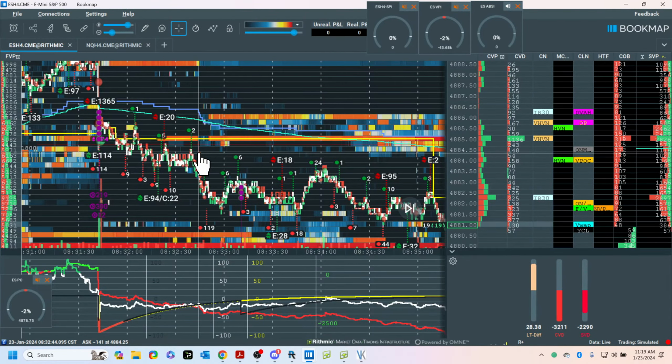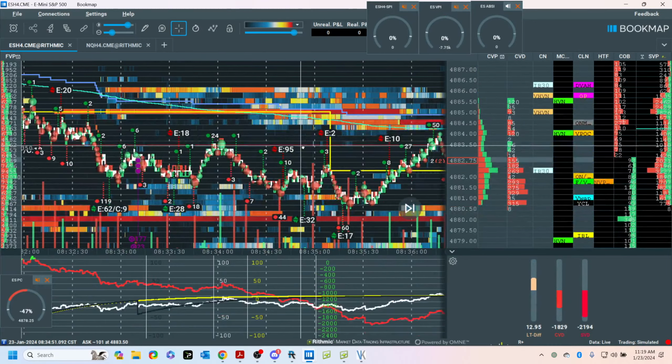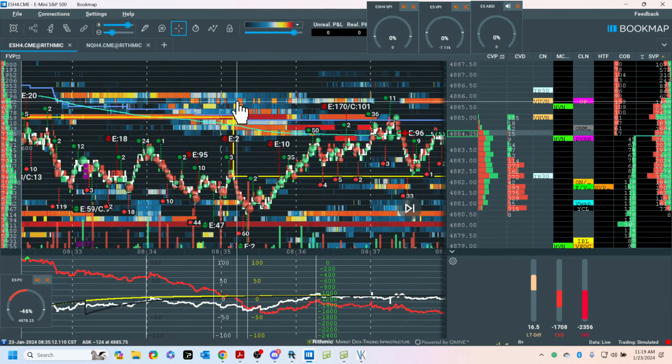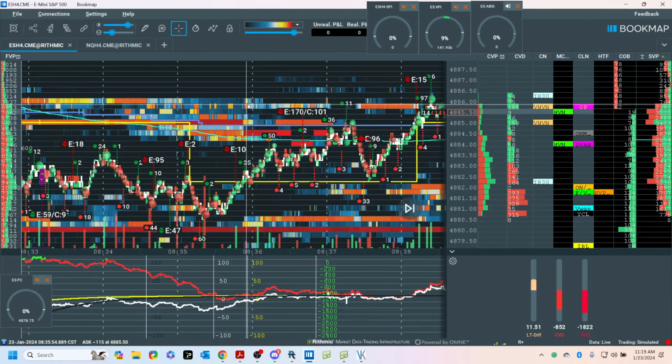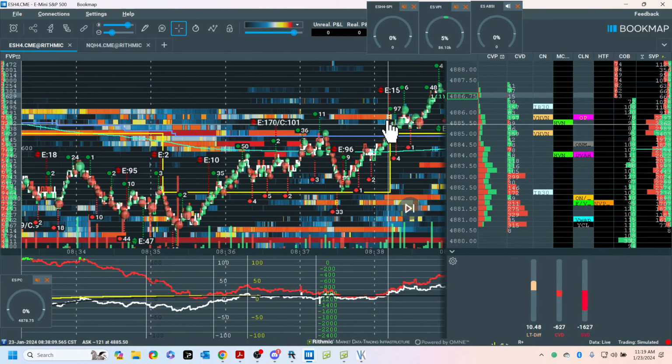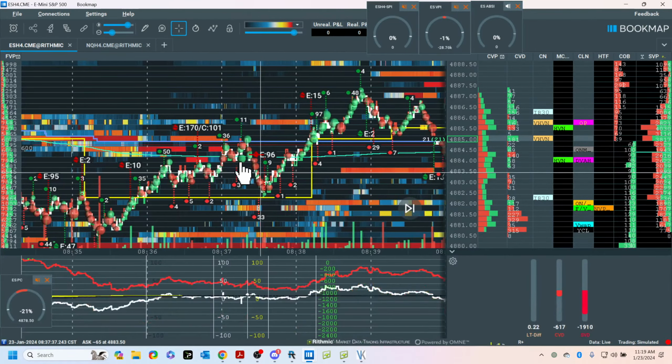So that was the short there. Okay, I got that. This is too high, variable high volume node. This drops down. Back here, that's a short to here. Okay, I'm just trying to make sure something isn't out of whack here. You guys tell me if I got something wrong here. We take this out. So this is too low, variable high volume node in alignment with this. So that's okay. Watch, okay.